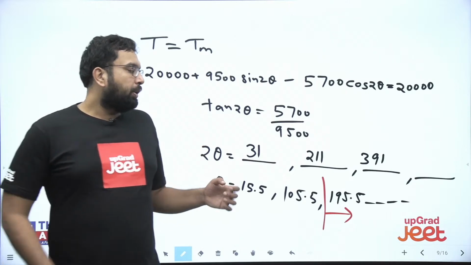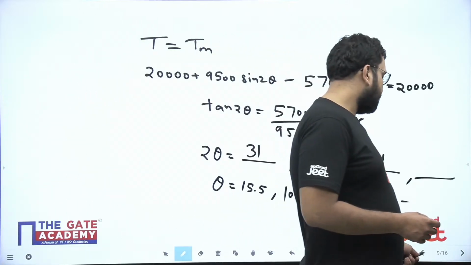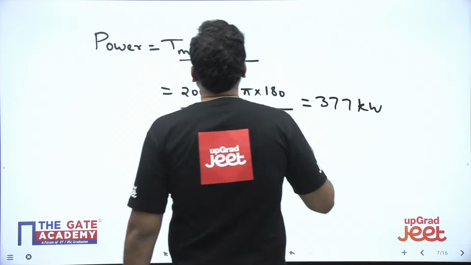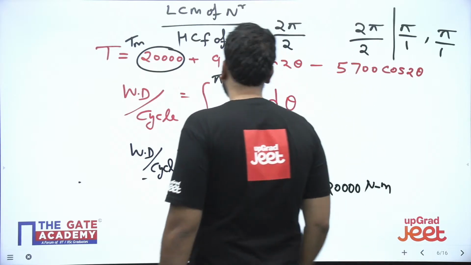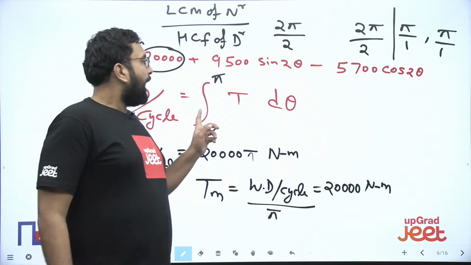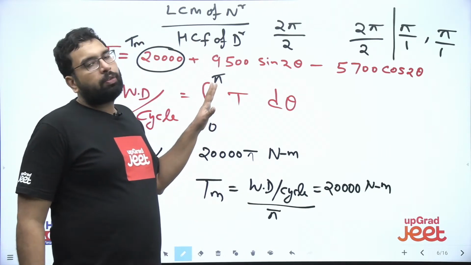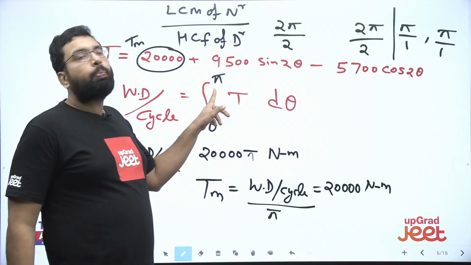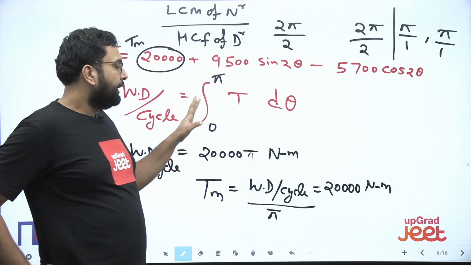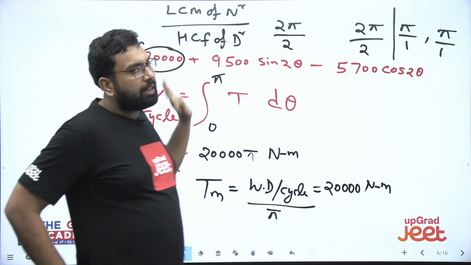That is why some students say, sir, what is the need of this step? Some people ask me what is the need of finding the cycle, because if we place 2 pi here, then also you will be getting 20,000 only.